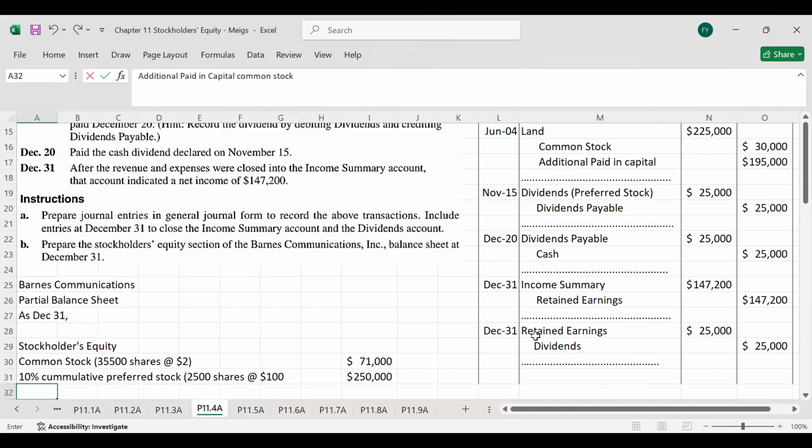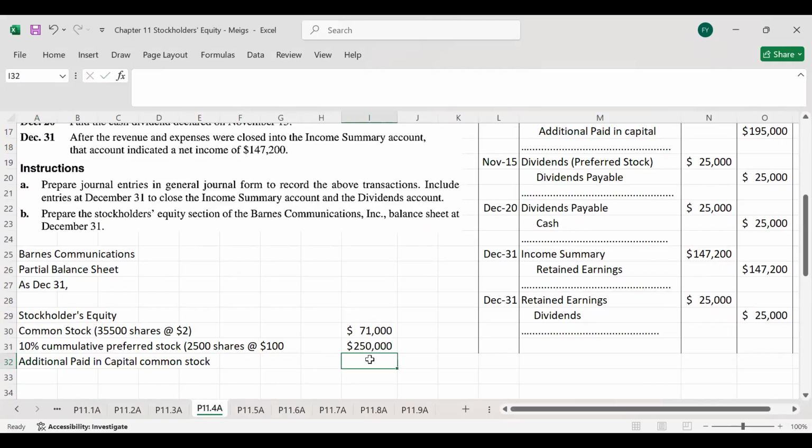So 240,000 plus 6,000 plus 195,000. So this is your total additional paid in capital.